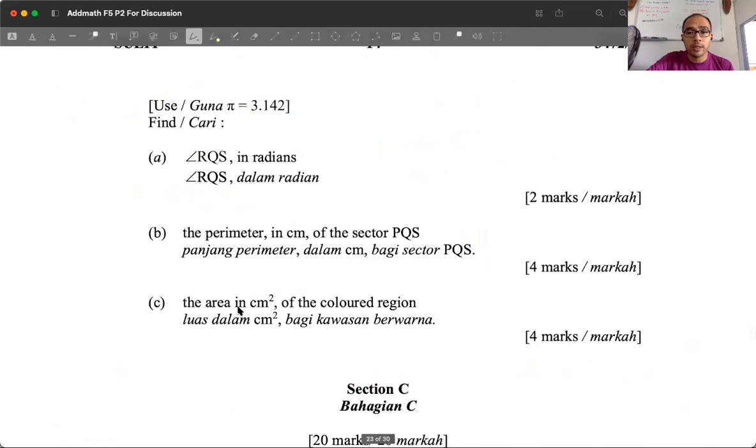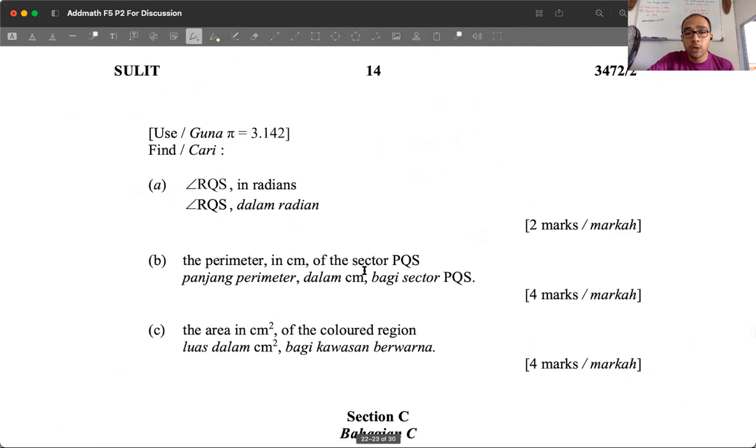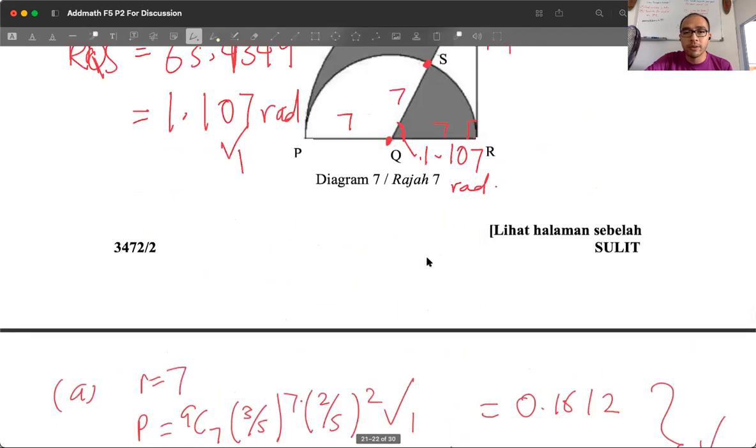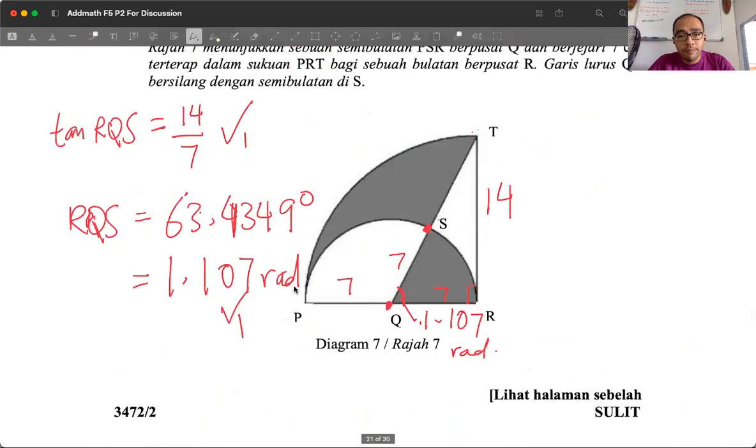Okay, next question. Perimeter of PQS. Okay, perimeter of PQS, this section. Now perimeter is this plus PS lah. In order to find PS, kalau kita mau cari PS, it is r theta. But we only have this theta.